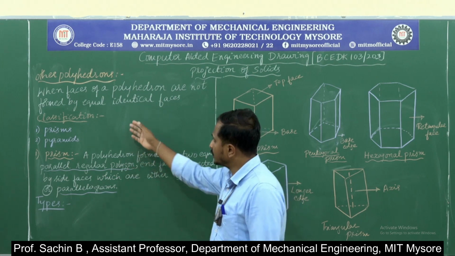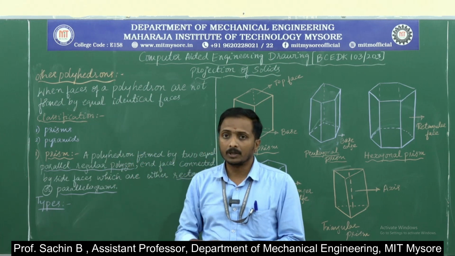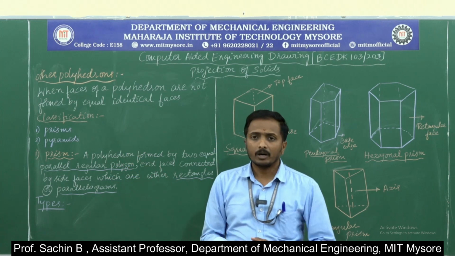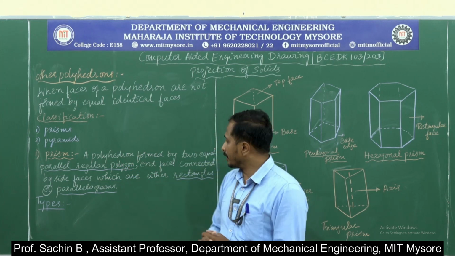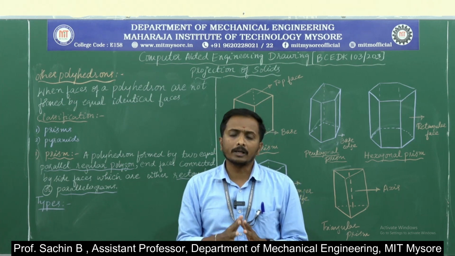When it comes to the classification of other polyhedrons, we have 2 types. The first one is the prisms and the second one is the pyramids. A prism is a polyhedron formed by 2 regular parallel polygonal faces.